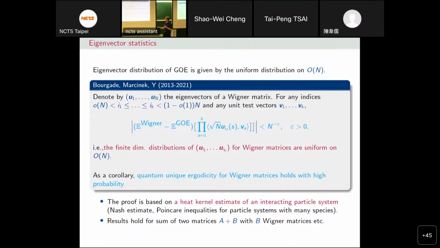Let me not say exactly which class, but it's actually much more than Wigner ensembles. There are many different ensembles for which it is also correct. So this is our basic result: the finite dimensional distribution of the eigenvector becomes the uniform distribution on the orthogonal group. Fine.